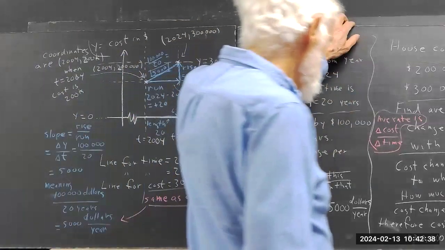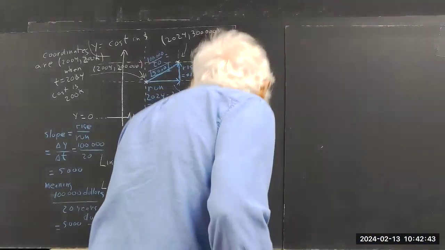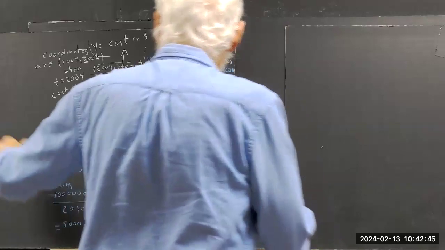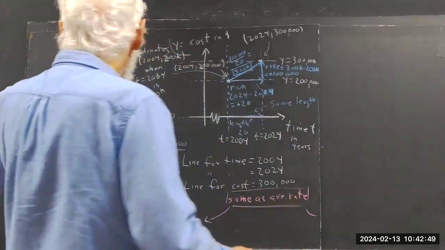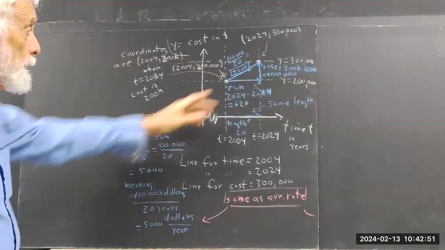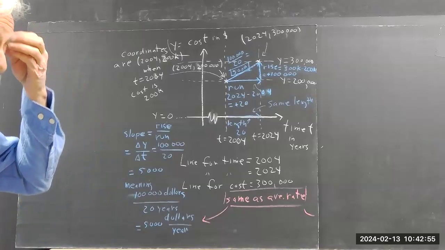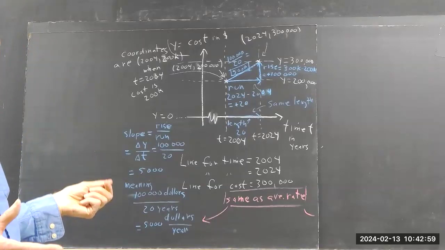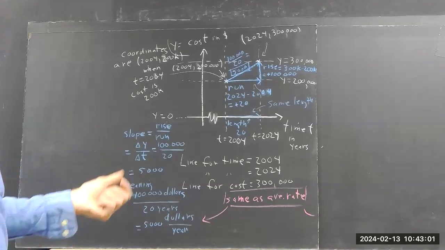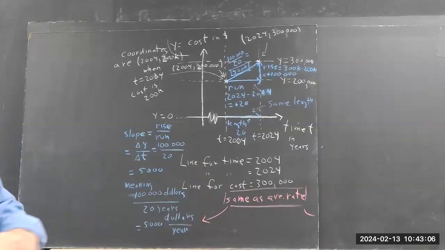Now, take a big step here. If we want to calculate what the value of the house might be in the year 2040, well, that's 16 years from now.